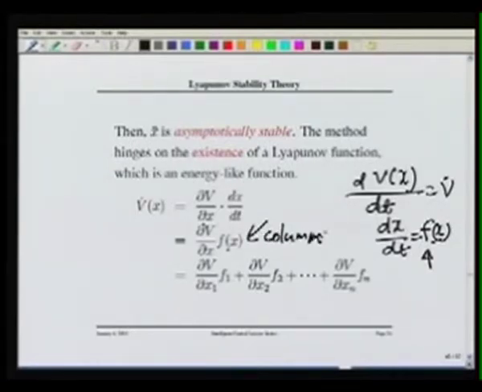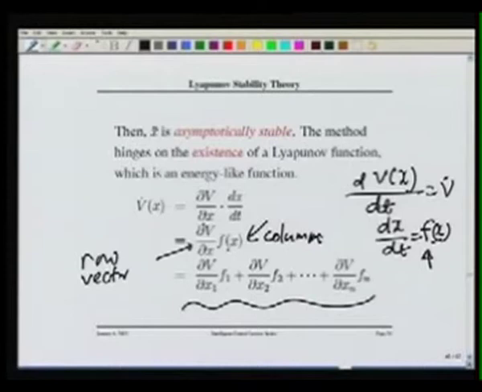Okay. So, if I expand, you can easily see that V dot x is dou V by dou x 1 into f 1 plus dou V by dou x 2 into f 2 and so on, dou V by dou x n into f n.